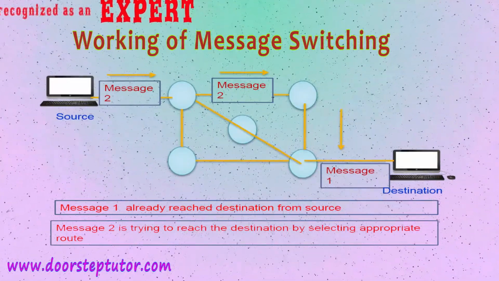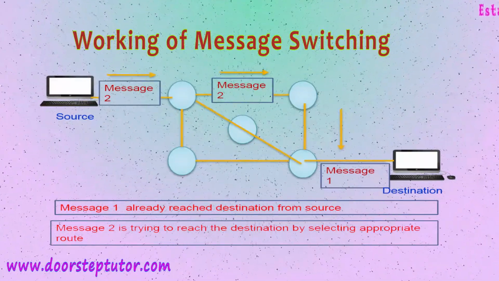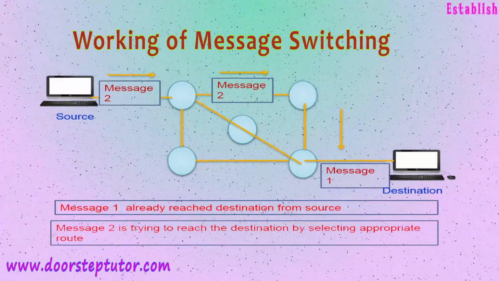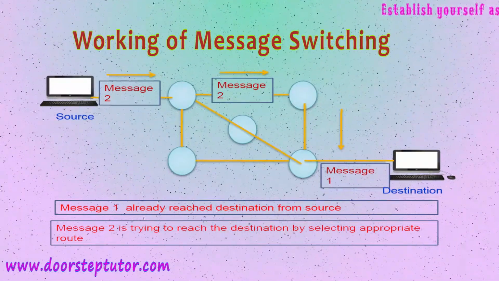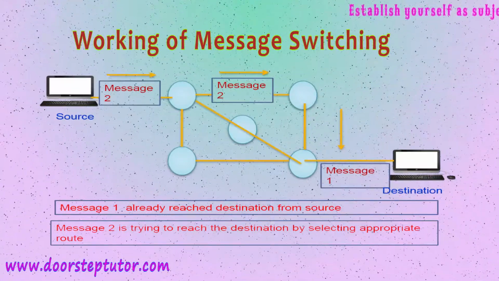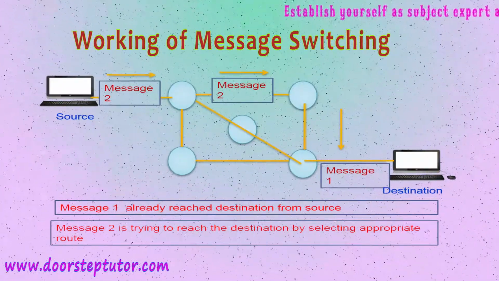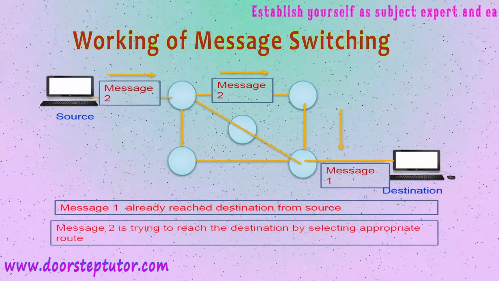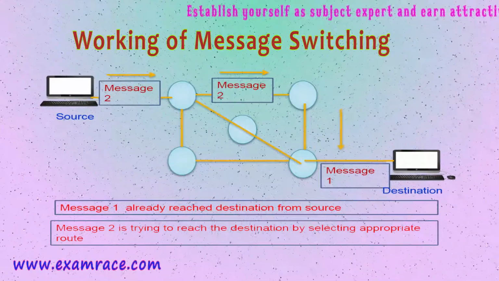The intermediary nodes will just store the message even if there is any disturbance in the path, and if the route is free, then they will simply forward the message. So this is the working of message switching.